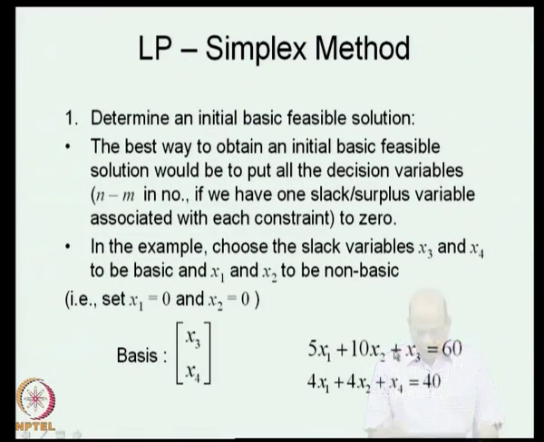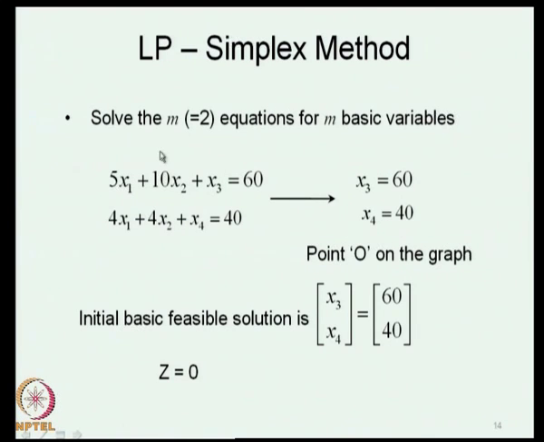Then we use the constraints and solve for x3 and x4. So, we obtain solutions for the basic variables x3 and x4 by setting x1 and x2 to 0. We obtain x3 is equal to 60 and x4 is equal to 40.